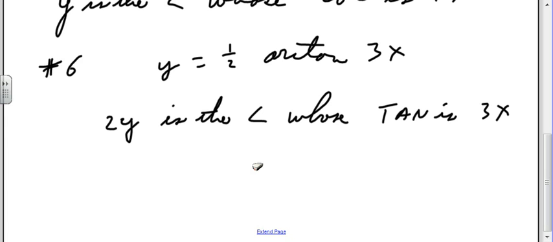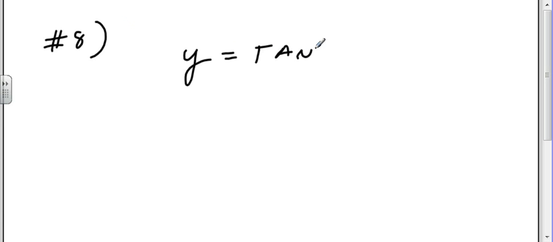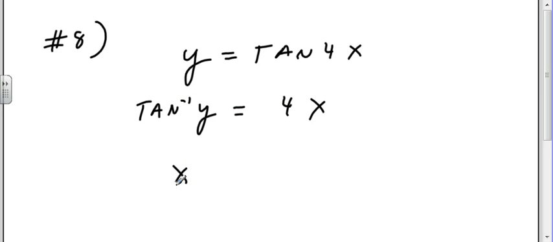Solve the equation. All right, so we'll look at number 8. What am I supposed to be solving it for? Anybody know? Oh, for x. So y is equal to the tangent of 4x. So the arctangent of y is equal to 4x. x is equal to the arctangent of y divided by 4.